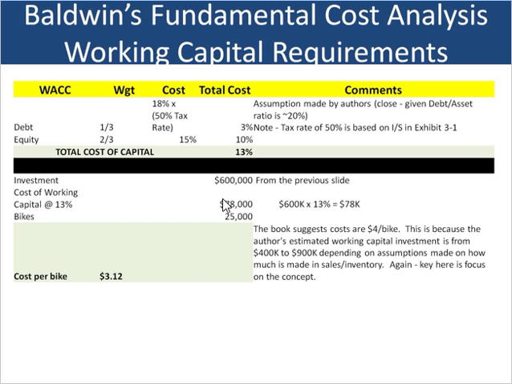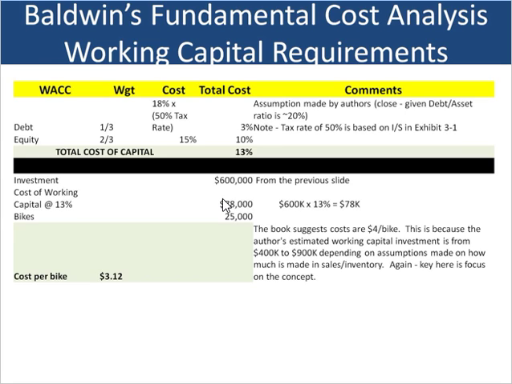So 1/3 of the assets are financed by debt at about 18%. And then there's a big tax shield of 50% because tax rates where this company is are really high. And then equity is about 15%. And when you combine these two, you get about 13% cost of capital.